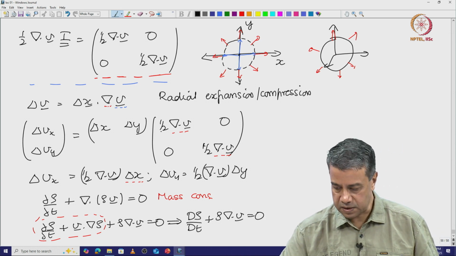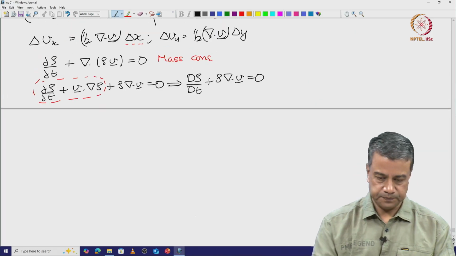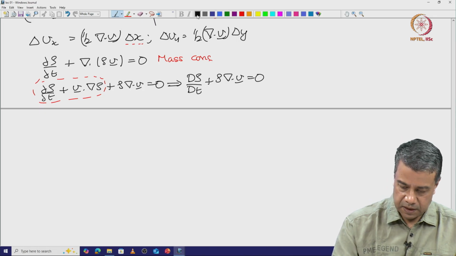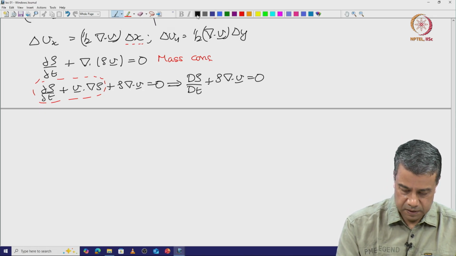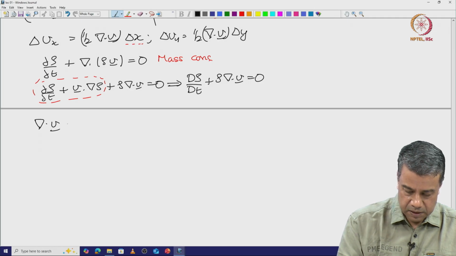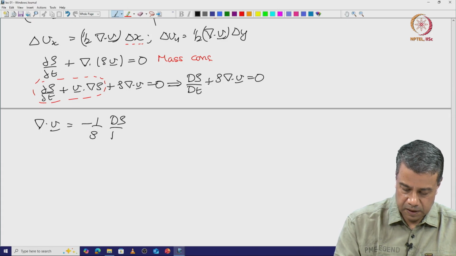So, that is the mass conservation equation. This implies that the divergence of the velocity is equal to minus 1 by rho d rho by dt.